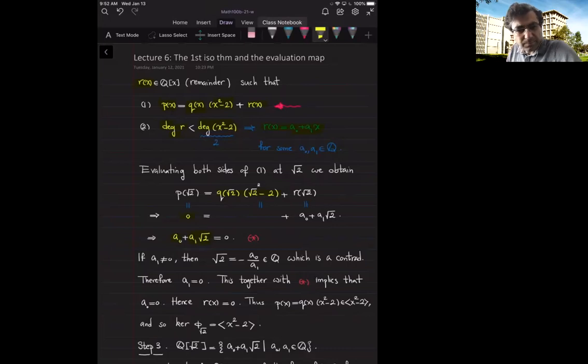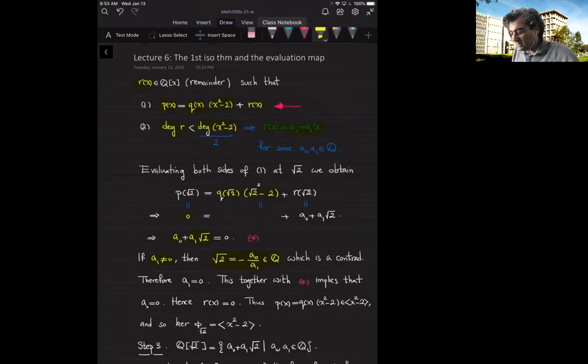But that means that both a sub 0 and a sub 1 should be 0. Let's make it precise. Why is that the case? If a sub 1 is not 0, then I can divide out by a sub 1 in the rational numbers, and I deduce that root 2 is a rational number. But we do know that root 2 is irrational. That gives us a contradiction. So a sub 1 is 0.